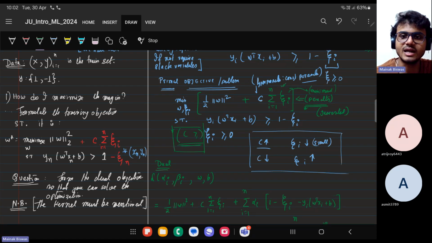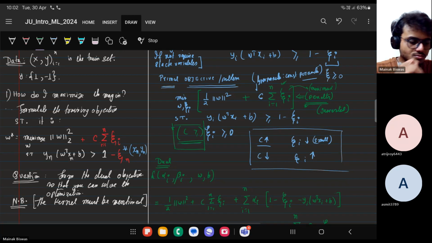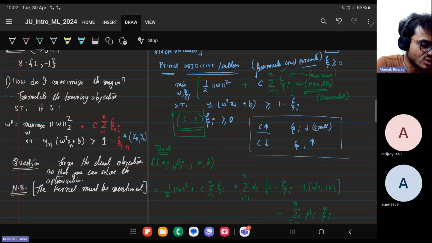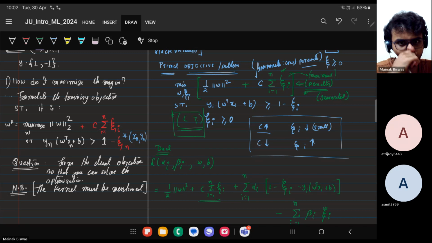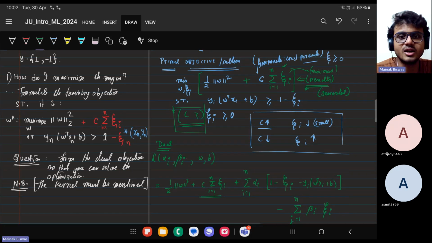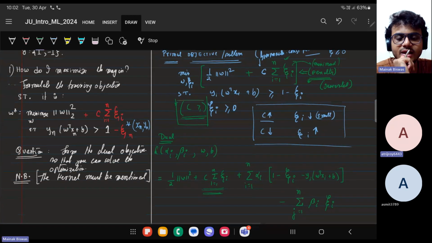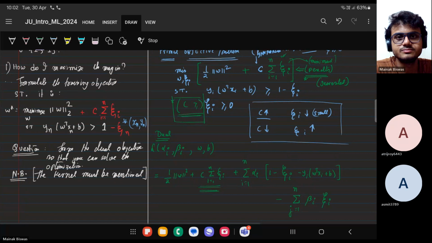If you had put it like that, you would get the same thing. The third one is not required because it's already there in the objective, c into xi i.